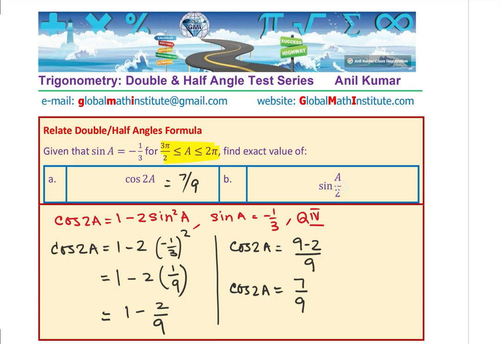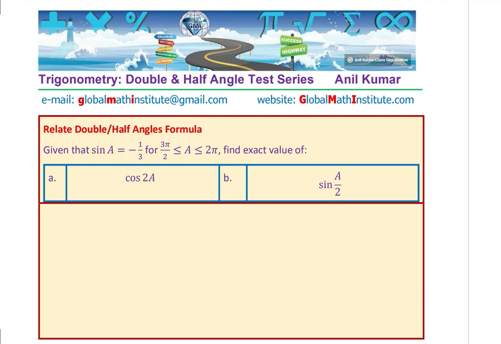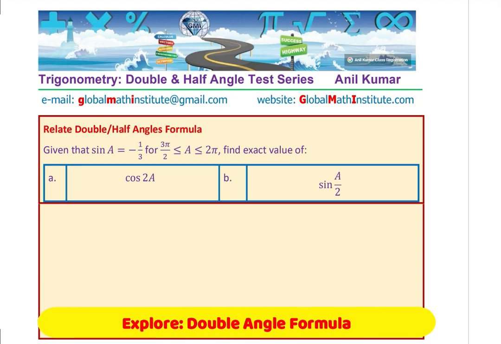Now let's find what is sine a by 2. To find sine a by 2, we might use the formula from cos 2a. You know cos 2a is basically equal to 1 minus 2 sine square a. This can be rearranged and we can write 2 sine square a as equal to 1 minus cos 2a. I'm just deriving the formula.